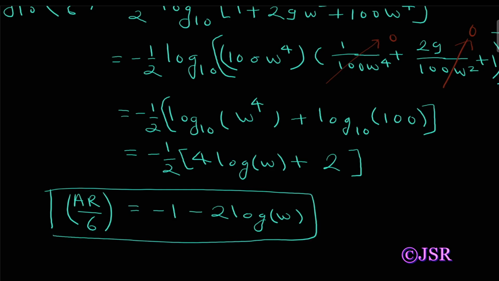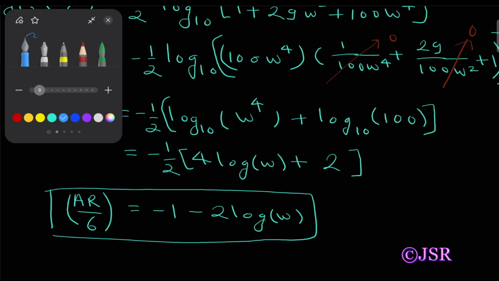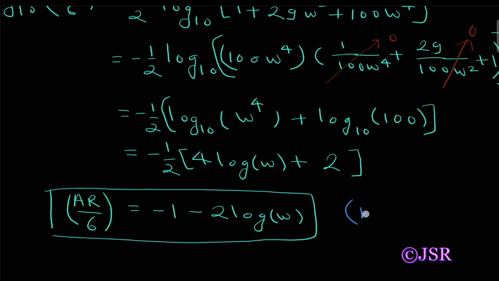This is the high frequency asymptote for the second order system, for the two tank systems in series. So this is, let's say, equation number 7.